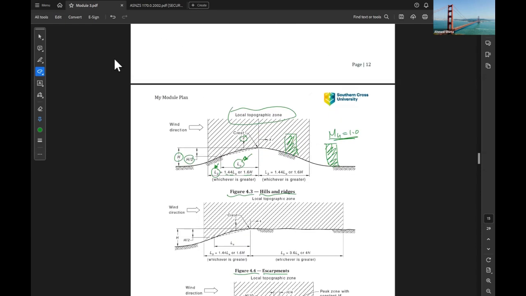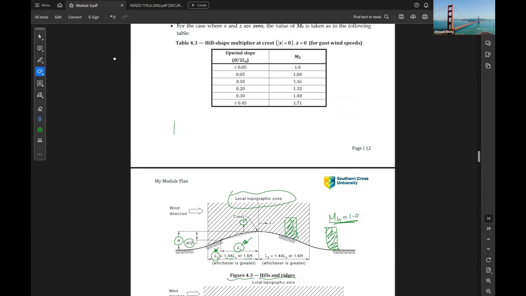So after all of that, we now find V site beta equal to VR, times MC, the climate factor, times MD, and times the site exposure wind factors: MZ cat, times MS shielding multiplier, times MT topographic multiplier.